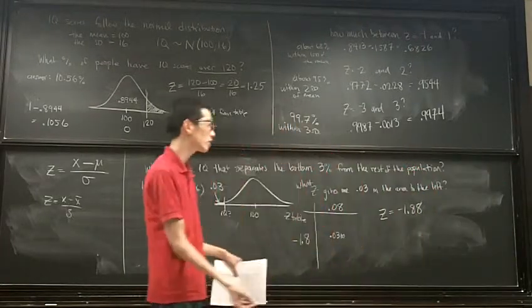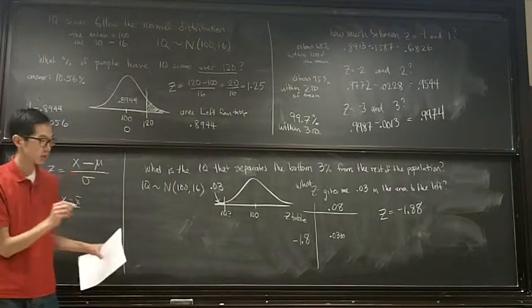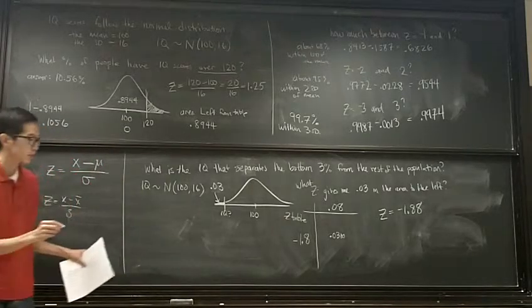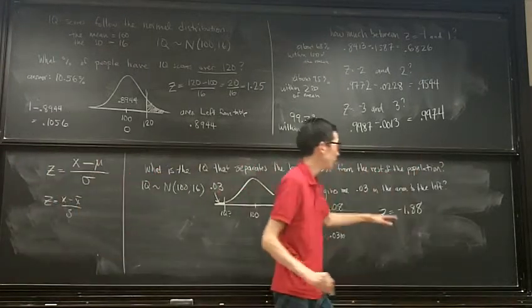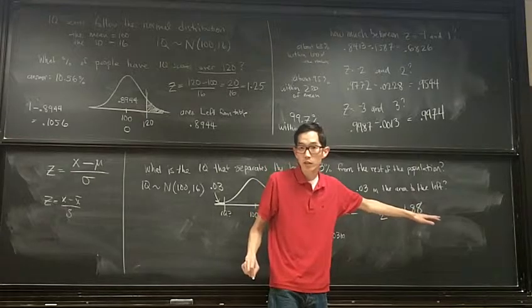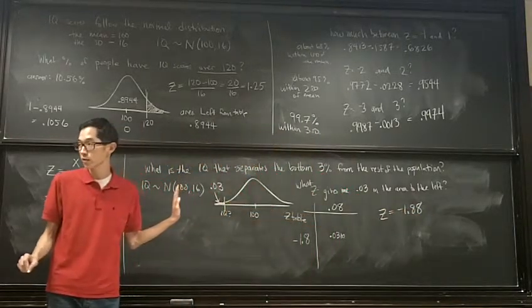All you're going to do is pick the number that gives you the closest one. So this tells me that a z-score of negative 1.88 gives me 3% in the area to the left.